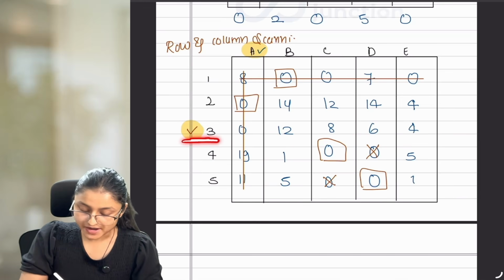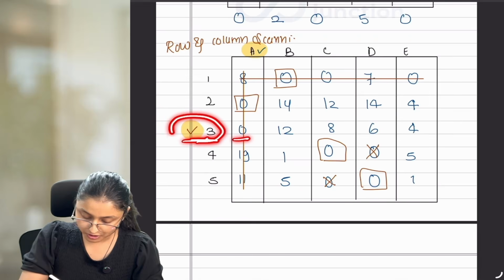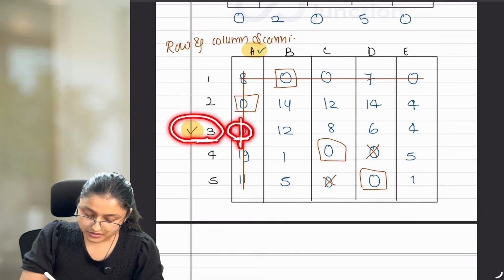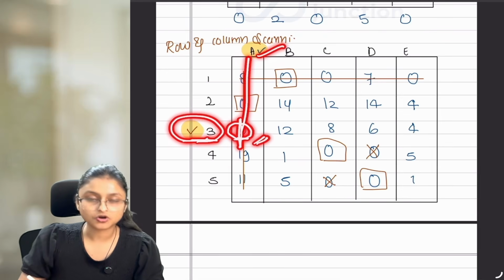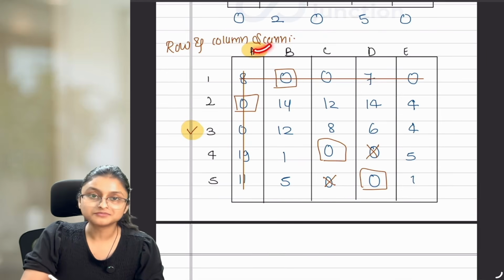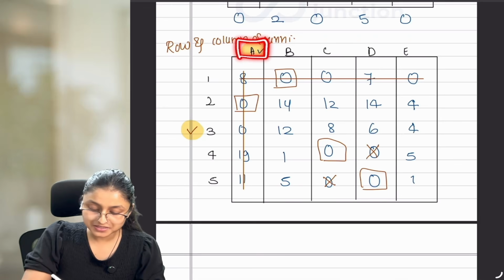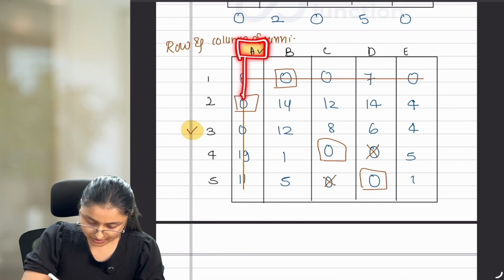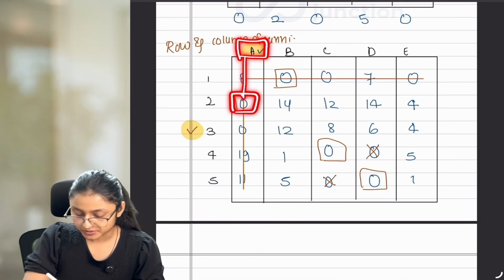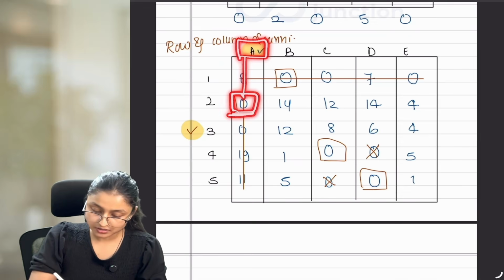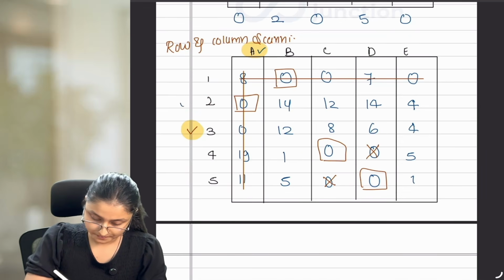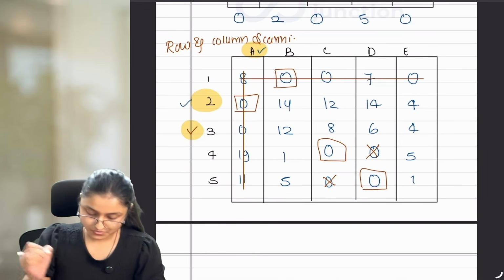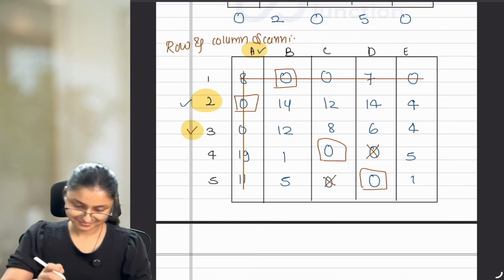After that, find out the column in this row where 0 is crossed. Here 0 is crossed and we marked this particular column. After marking the column, find out whether there is any allocation in this column. Yes, here we have done this assignment. Wherever the assignment is done, mark that particular row. Done.